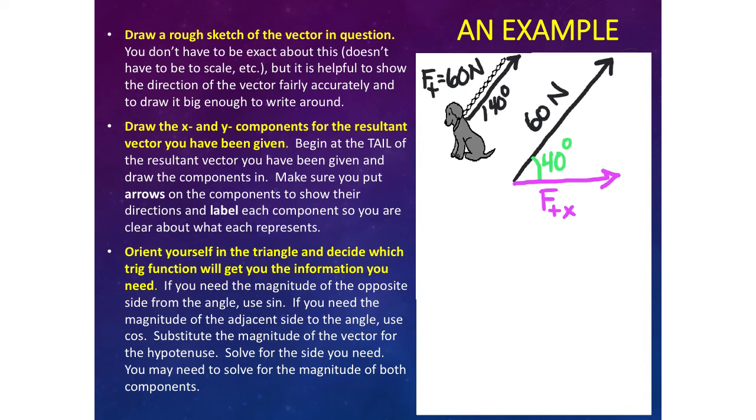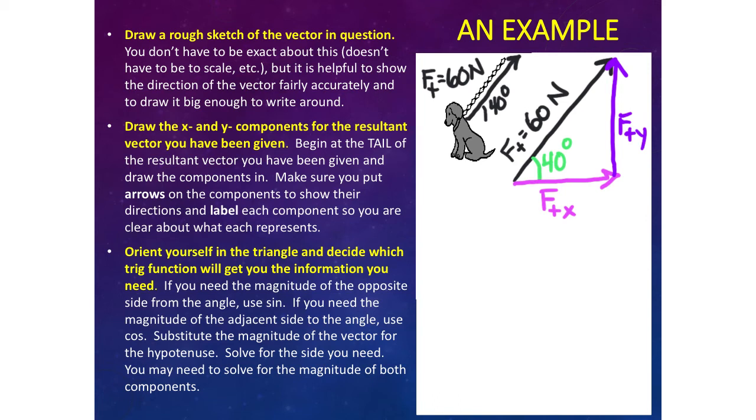And then I can draw a vertical component. That's going to be your force of tension in the y direction. I'm just taking this force of tension and breaking it down. And that 40 degrees is the angle that the force of tension black vector, the resultant vector, makes with the horizontal. Okay, so this gives me my basics.